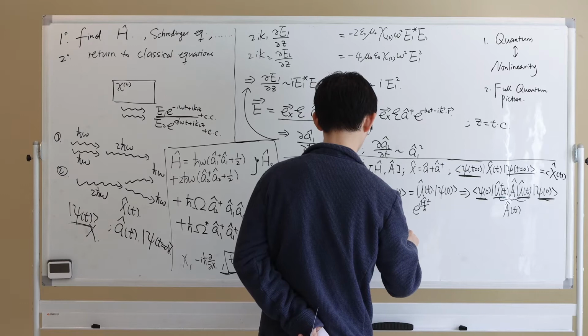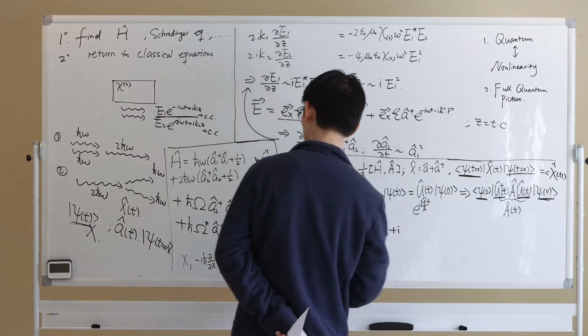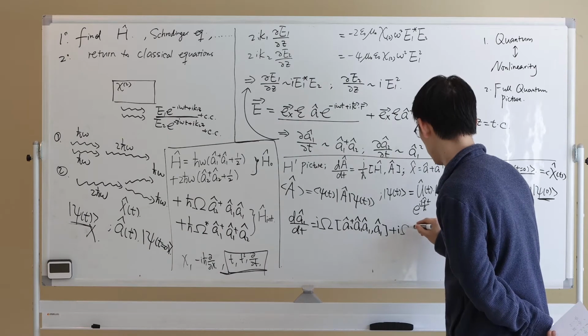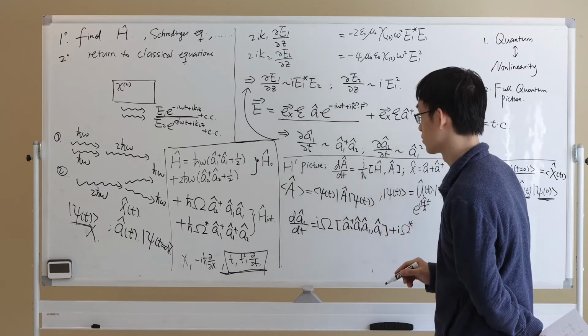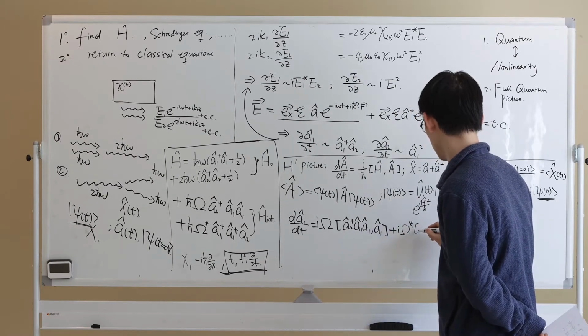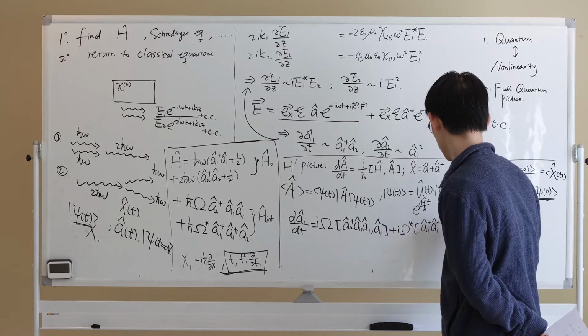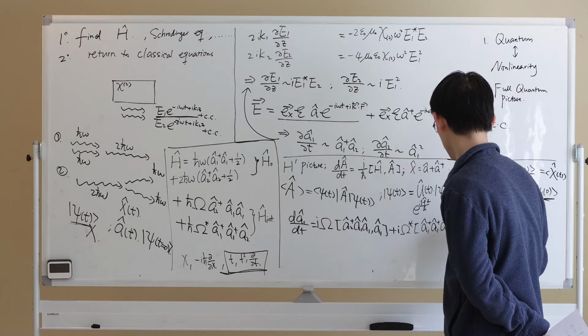The second term, again with I, is A1 dagger, A2, A1.